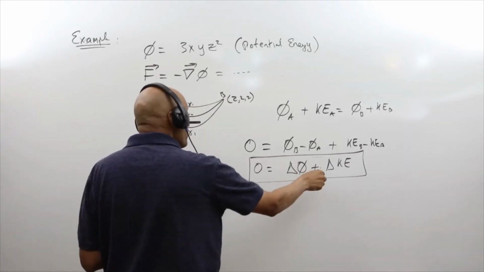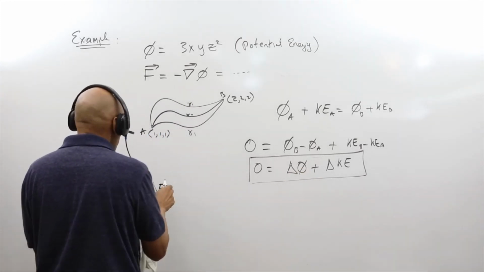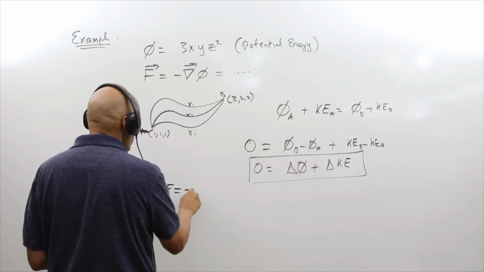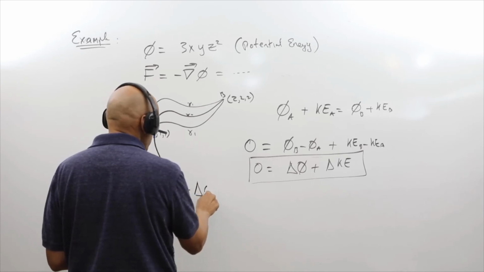So if I want to know what the change in kinetic energy is between those 2 points, I can quickly calculate it to be nothing more than the negative of the change in phi.